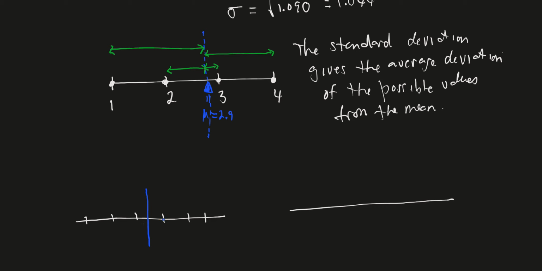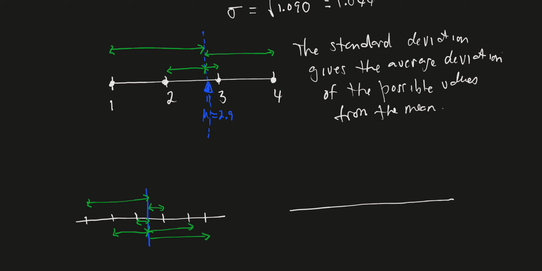And then again, let me indicate the deviations. I'll just indicate a few of them. So maybe that one, and then maybe that one, and so forth. Actually, I could just go ahead and do them all. So here are those deviations from the mean.